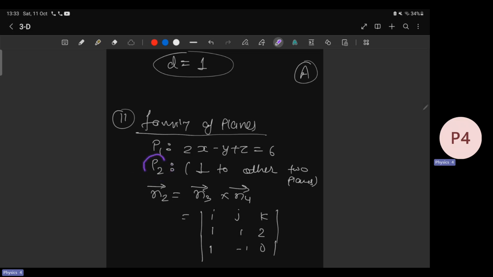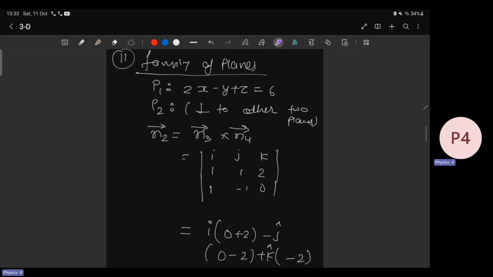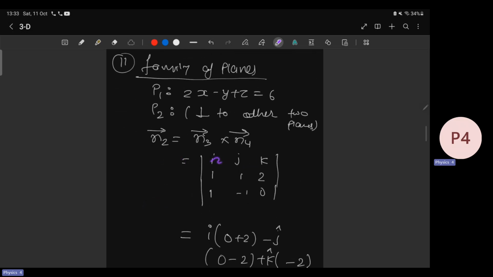They are saying that plane P2 is perpendicular to the other two planes, P3 and P4, which are given to us. So the normal of plane P2 can be found as N3 cross N4. So we can find the N2 vector as i cap, j cap, k cap.